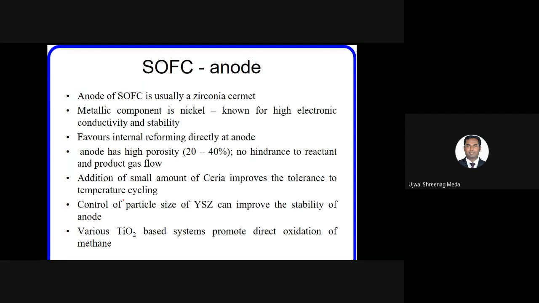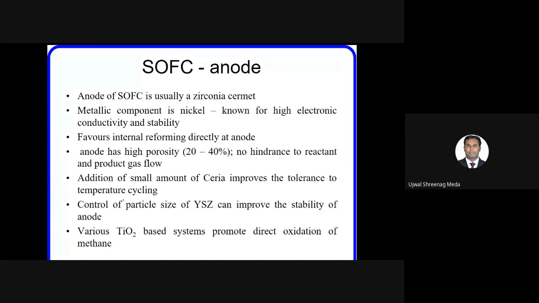Now coming to another advantage of having nickel: nickel acts as catalyst for reforming reactions. Taking this MCFC as an example, we got to know about a variant of MCFC where internal reforming is a possibility. Fuel other than hydrogen, such as hydrocarbons or natural gas, will directly enter the fuel cell. The steam reforming of hydrocarbons takes place well within the fuel cell.